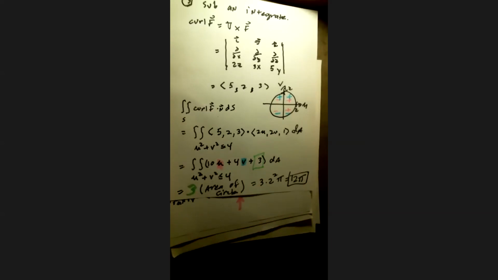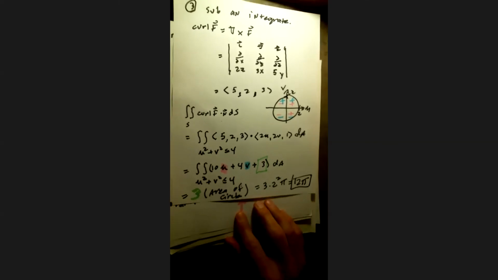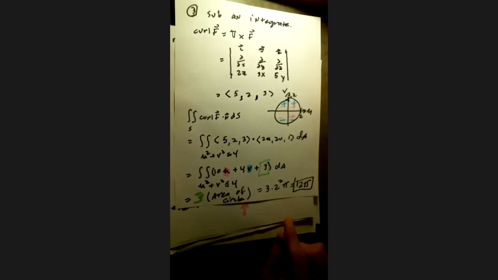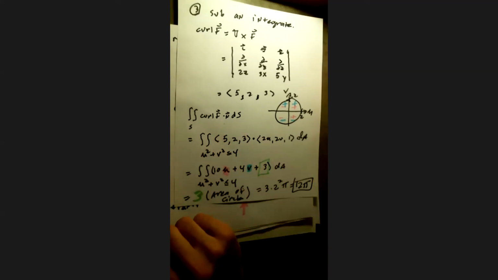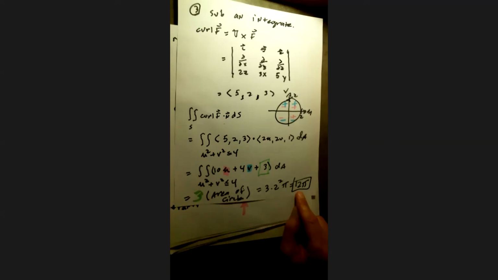So whether you evaluate the circulation using the double integral version here, or using the line integral that we did earlier, either way, you're going to end up with 12 pi, the same answer. And we have officially verified Stokes' theorem works for this particular example.